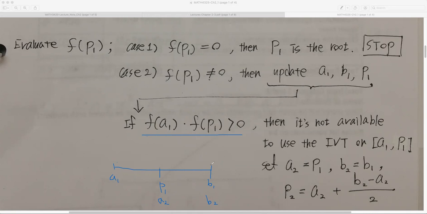Then we find p2, which is right here, starting from p1.